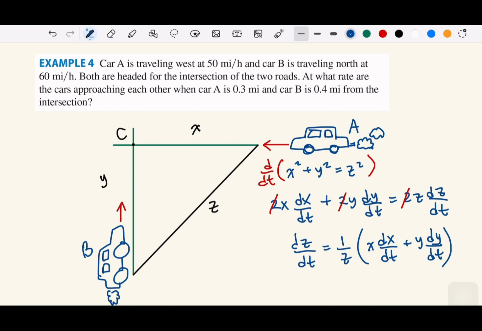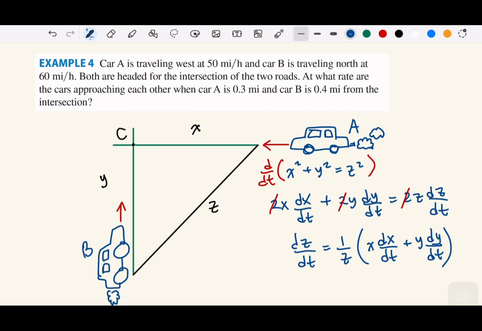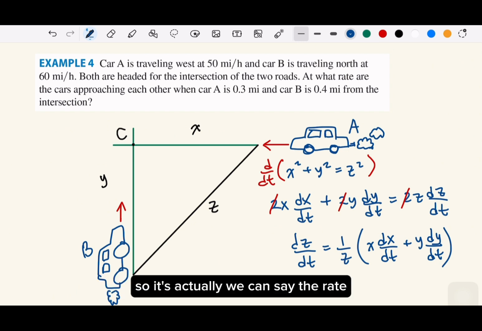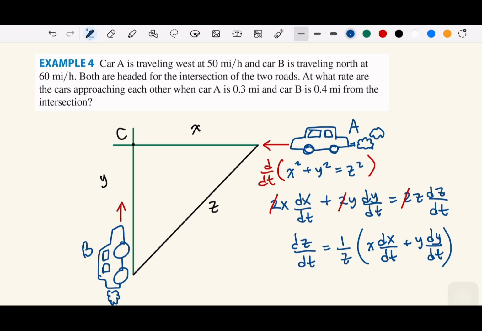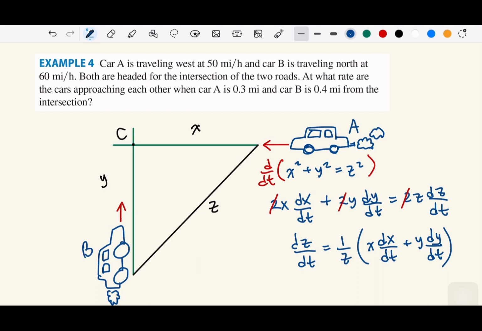So when car B moves, car A moves, the one that can connect these two is this Z. So the rate that when car A is moving, car B is moving, is the change in Z. So this is actually our goal. Okay? Our goal is to find dz/dt.